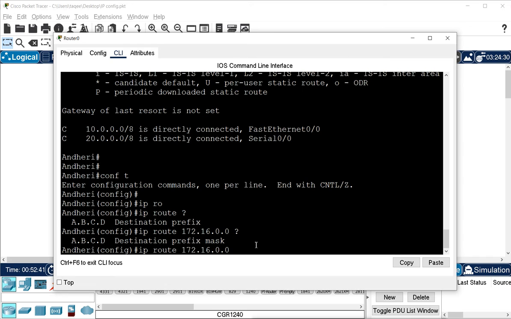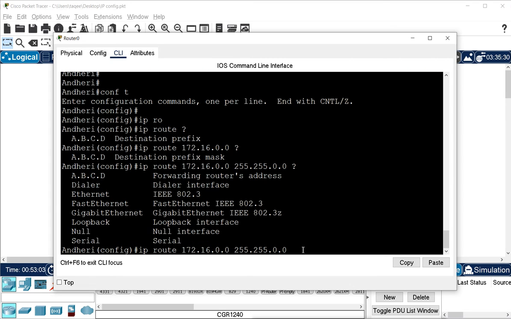Now the subnet mask, this is class B, so the subnet mask will be 255.255.0.0. If we have done any subnetting, then based on that subnetting we will make sure the subnet mask is set. Right now I have not done the subnetting, so I am using the default subnet mask. Now after that, what will we give? I will put the question mark here.